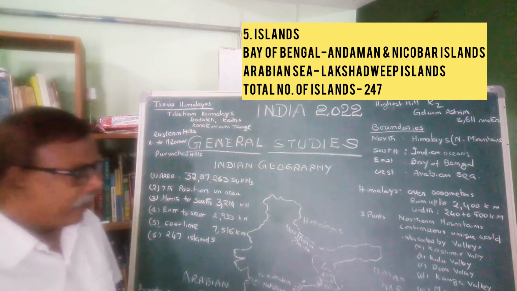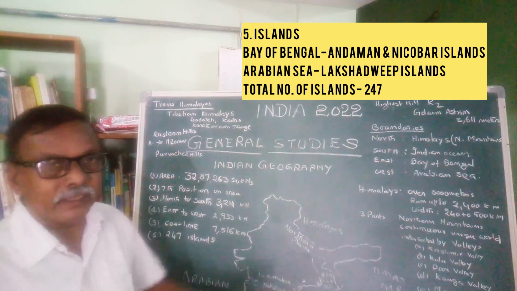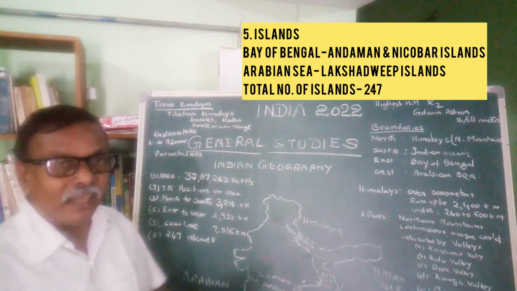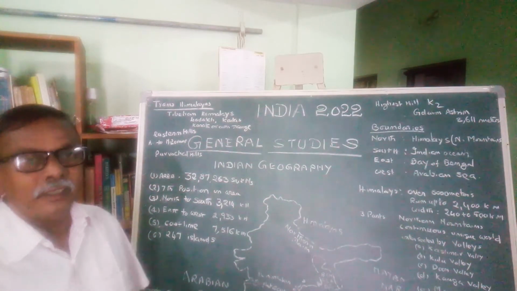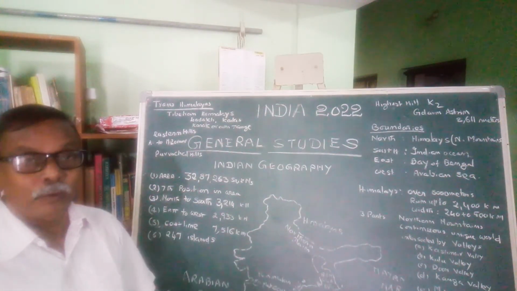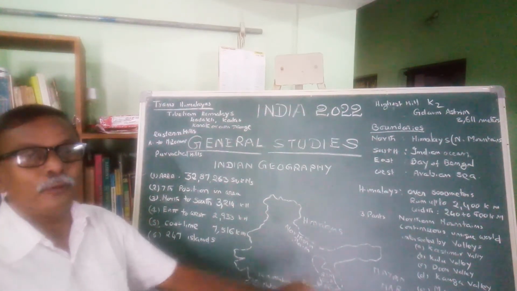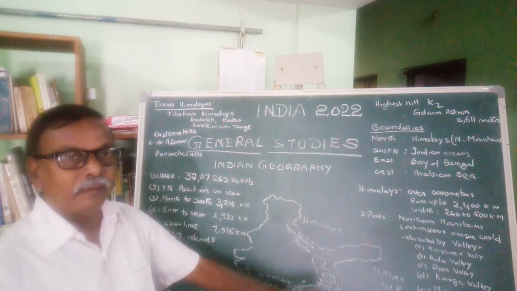There are about 247 islands altogether, and these islands are of geological origin, from submerged hills and also from lavas produced from the hills.